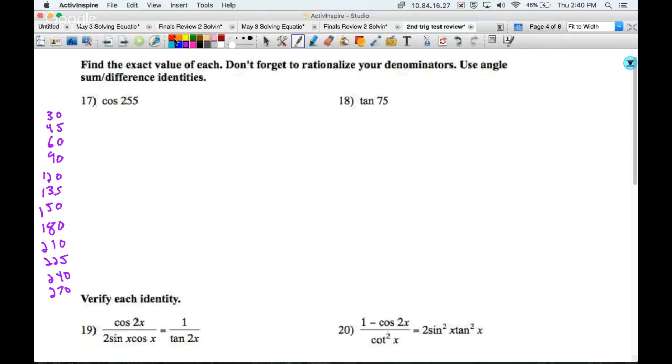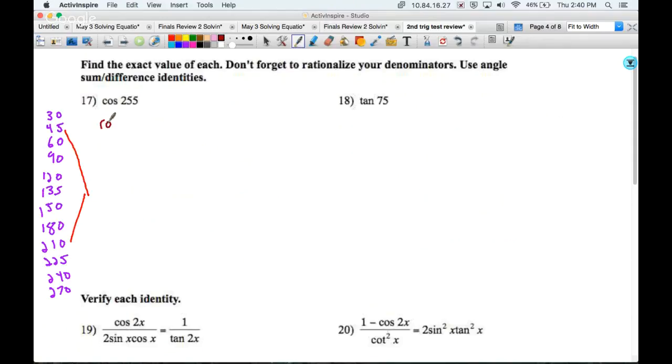So let's see, is there a way to combine two numbers in here to get a 255? I'm thinking one way to do it would be a 210 and a 45. There's probably another way. Maybe with the 135 and the 120. Yeah, that works too. But I'll do the 45 and the 210. You can try a different way, see if we get the same answer.